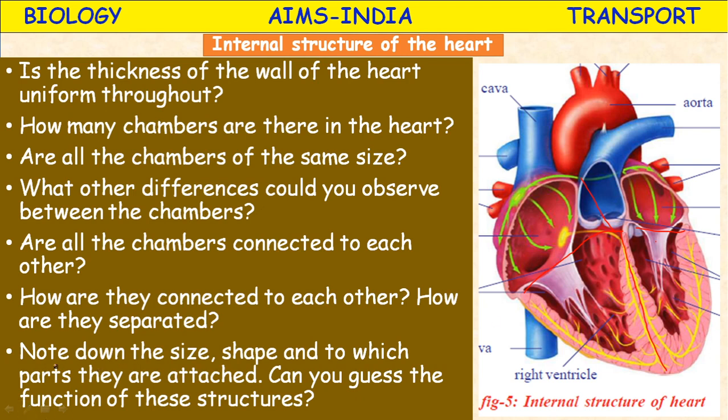Last, note down the size, shape, and to which parts it is attached, and guess the function of these structures. Already we have discussed. The size is one's own fist size, and the shape is conical.